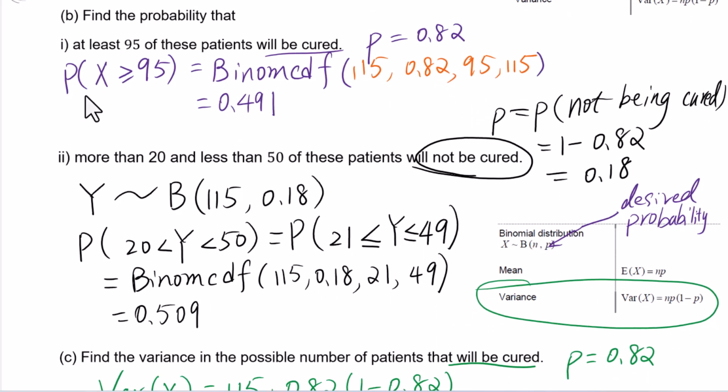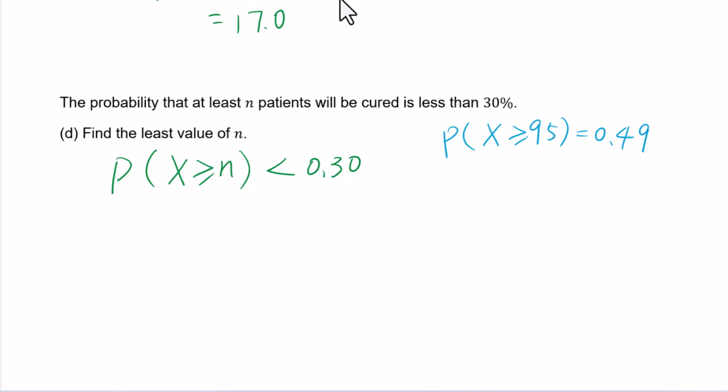Probability of X greater than or equal to 95 is 0.491. We can get started from 95 patients. We just need to check 96, 97, 98, 99 until 115.